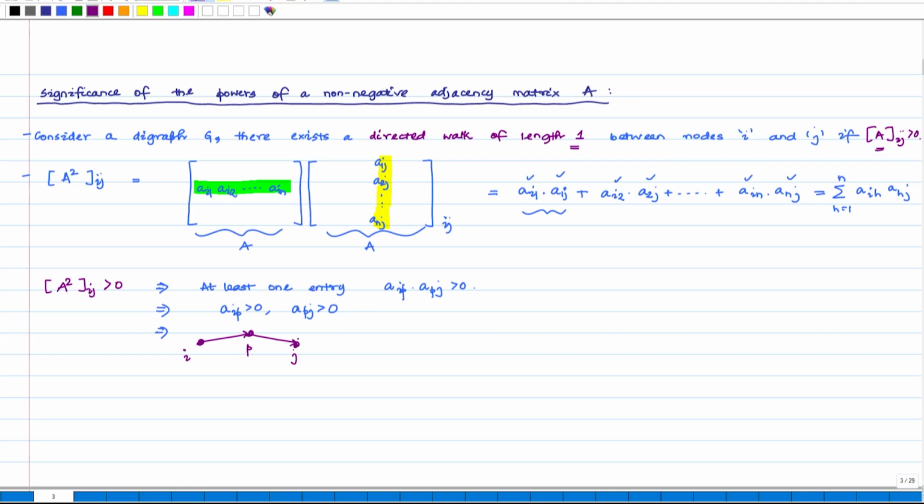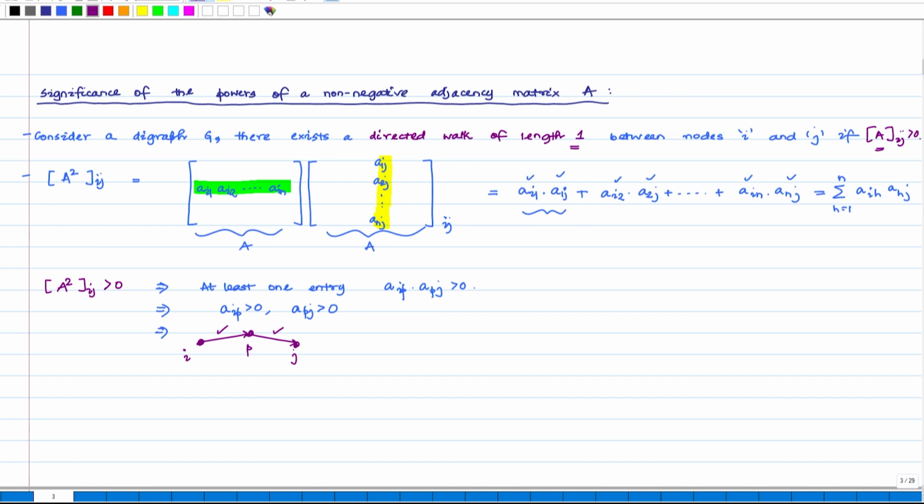I have constructed a directed walk from node I to node J of length equal to 2, meaning that A squared ij being greater than 0 implies the existence of a walk of length 2.